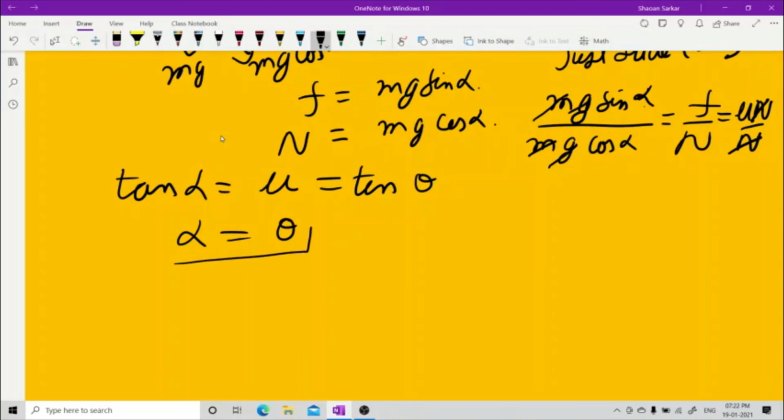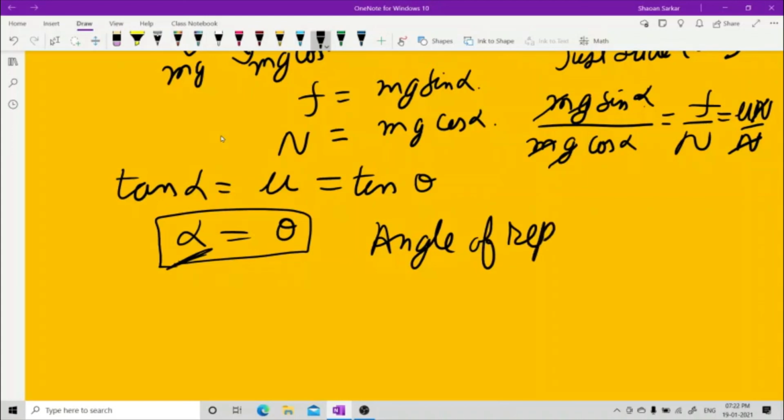So at this angle, when alpha is equal to theta, the body will just slide, and this angle alpha is called the angle of repose. So in numerical sense, angle of repose is equal to angle of friction.